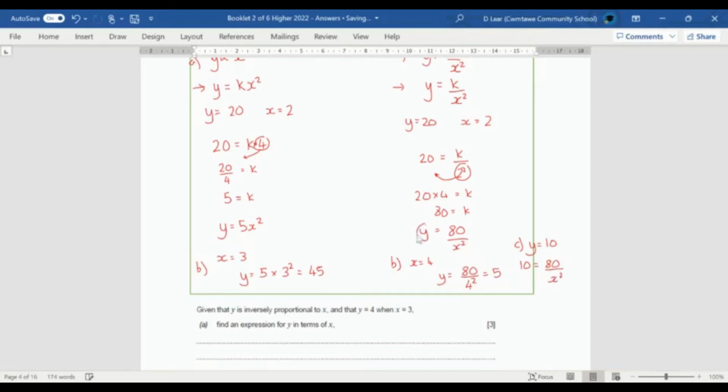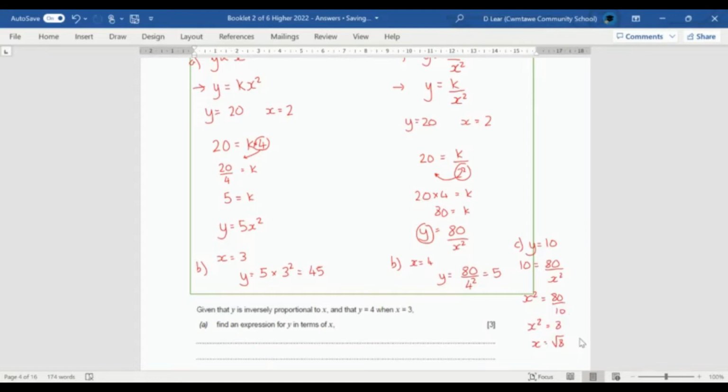So we swap that y there for 10. We can swap these two around, right? We can take that up as a times and that down as a divide. So we'd end up with not x equals, but x squared equals 80 over 10. So x squared equals 8. So x equals the square root of 8.